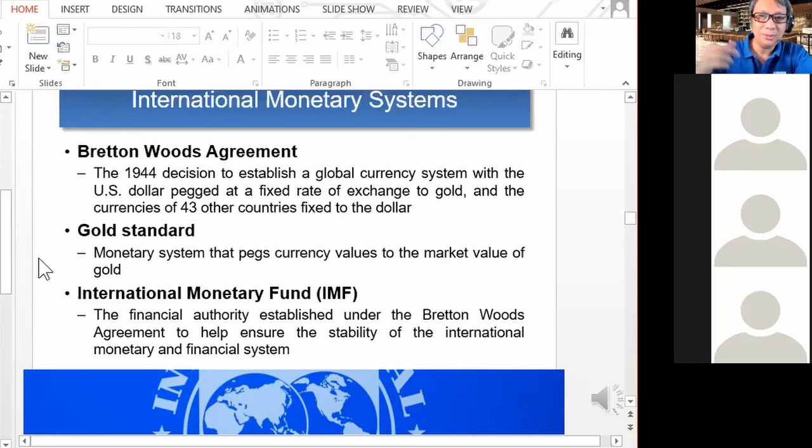Okay? Yung World Bank, ganun din. No, it's also established by the Bretton Woods Agreement. No, halos sabay yan na establish yung IMF tsaka World Bank. Yung World Bank naman, the World Bank was established to decrease poverty.